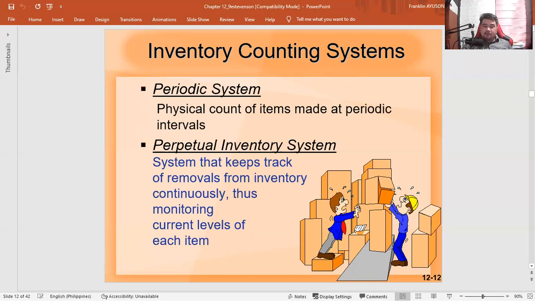So this time, a system that keeps track of removal from inventory continuously, thus monitoring the current level of each item. So, ibig sabihin, you have a system, a computerized system, for example, or a manual counting system in which perpetually you are keeping track of your inventory.